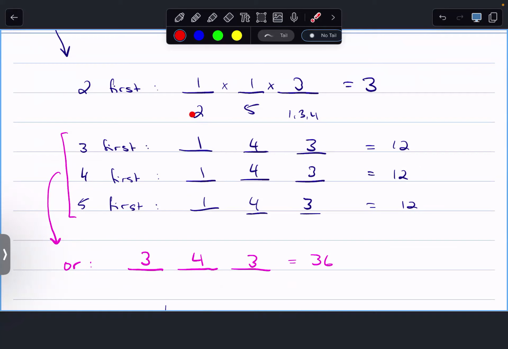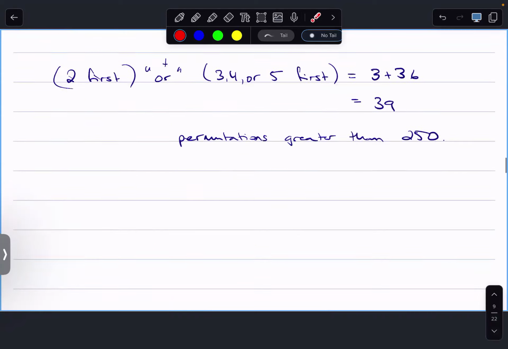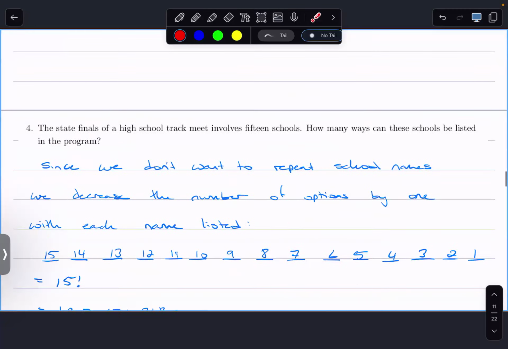And so the easiest way to break that up was to say, okay, well, how about I just figure out how many there are with the 2 first, and then how many there are with the 3 first, and then what we found was we could lump these all together, 3, 4, 5 first. But what we did was we partitioned all these options. So that's what we're going to talk about next.